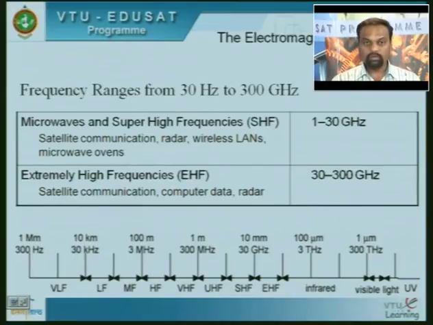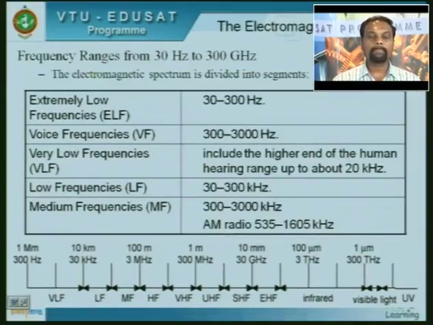Let me summarize some of the important factors here. One is the speech signal, between 300 hertz and 3000 hertz, or in general 3 hertz to 3 kilohertz. Audio signal is in the range of 20 hertz to 20 kilohertz.